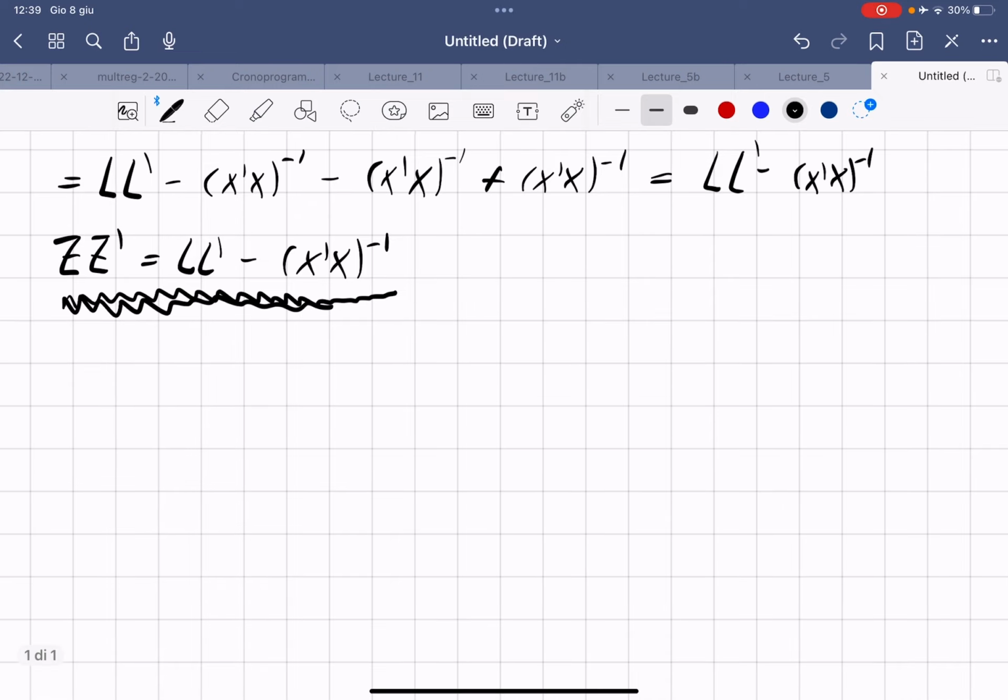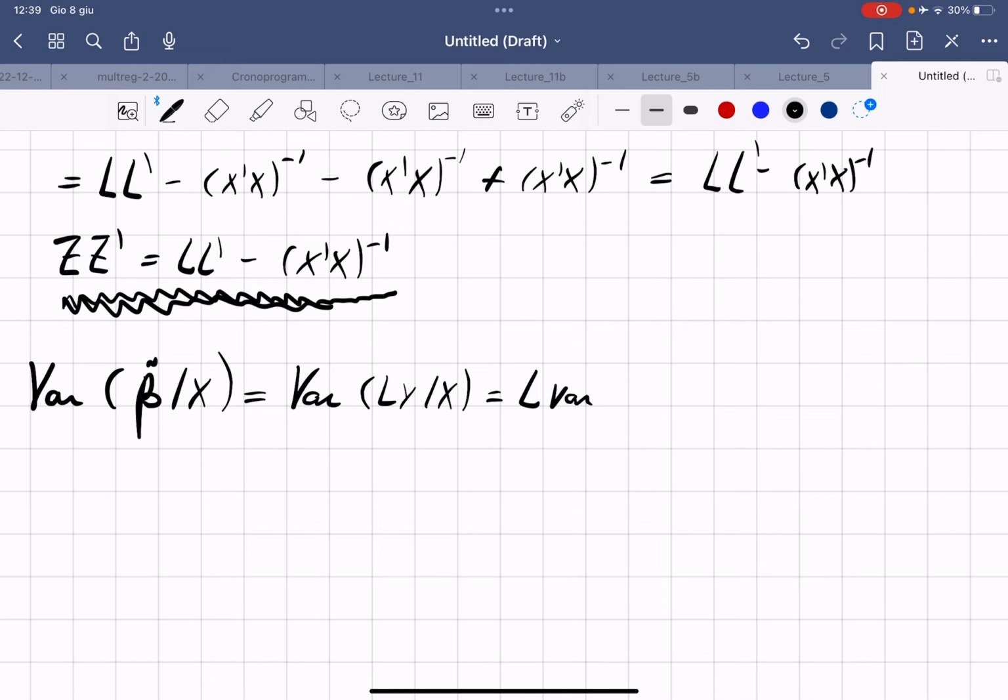Now we compute the variance of beta tilde given X, that is equal to the variance of Ly given X, that will be equal to L variance of y given X times L transpose. Since we are in the homoscedasticity case, this is equal to sigma squared. Then this is equal to sigma squared L L transpose.